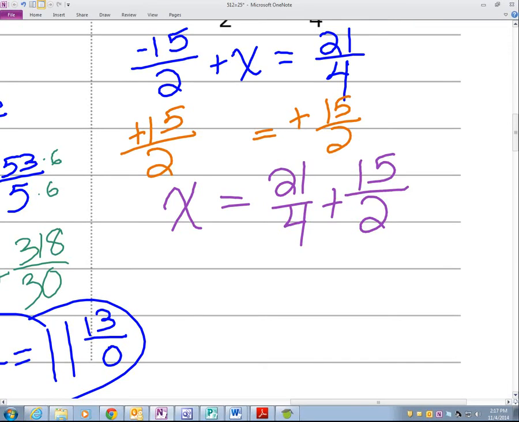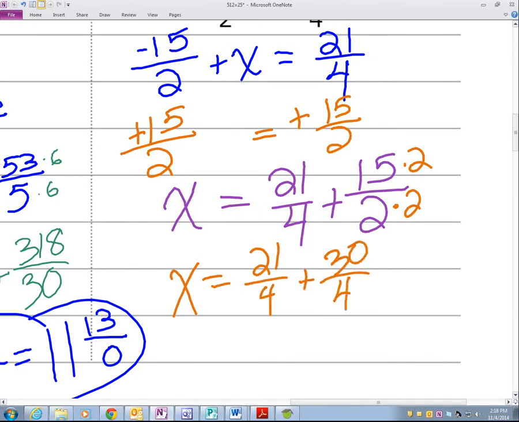And rather than multiplying both sides by the denominators, because I have to have common denominators with this, I'm just going to realize that the least common multiple, or least common denominator, is 4. So I just multiply this by 2, this by 2, and then I'll make my denominators 4. 21/4 plus 30/4.